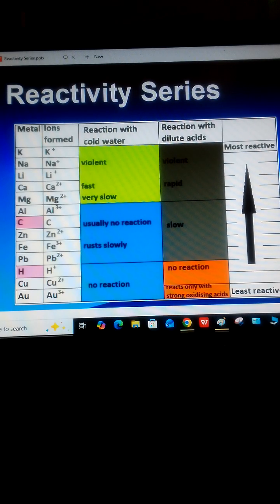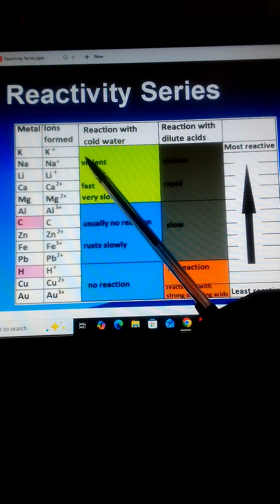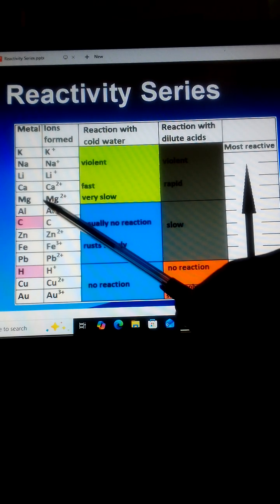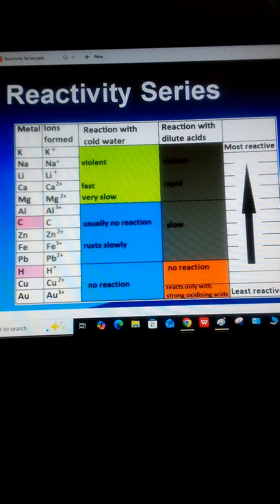For example, a metal like magnesium, which is here, above hydrogen, can react with a dilute nitric acid to form magnesium nitrate and hydrogen gas. So it is able to displace hydrogen from the acid, okay?